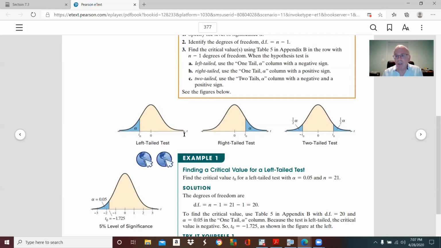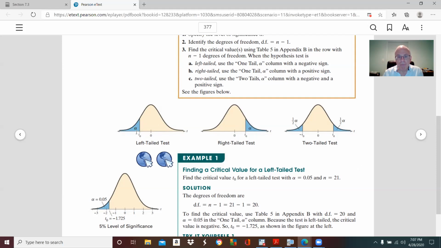So the rejection region method requires that you determine a critical value. How do you find these critical values? If it's a left-tailed test, on the left tail you plot your alpha, your probability of a type 1 error, which will be given in the problem.